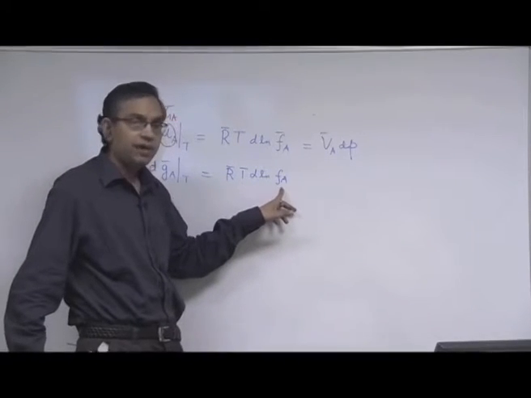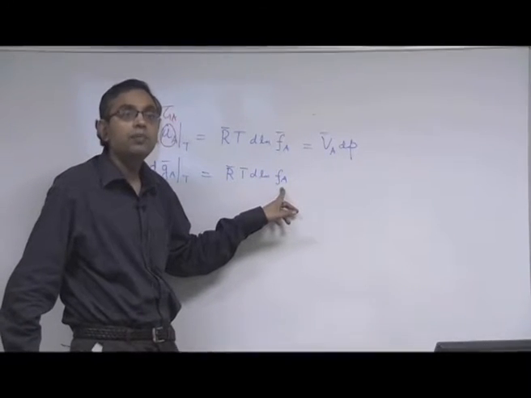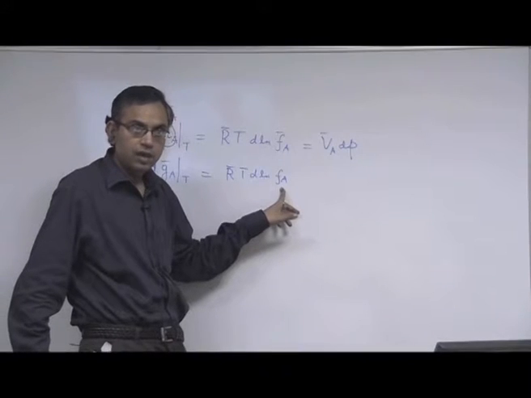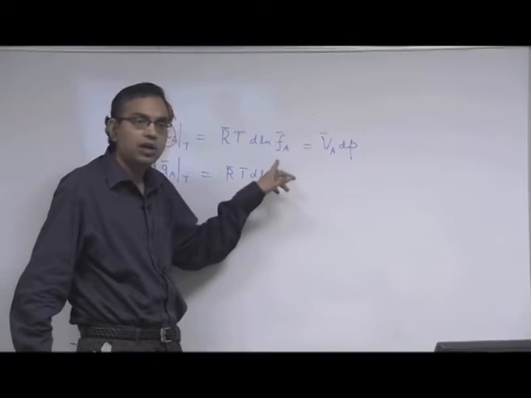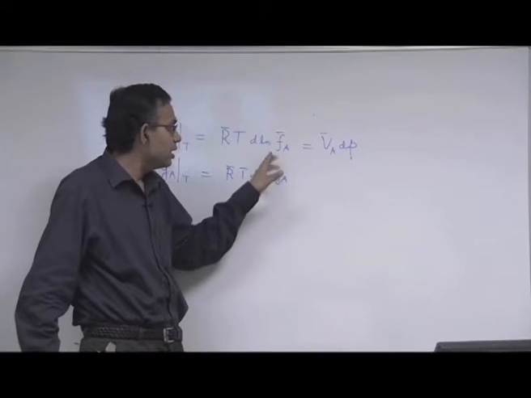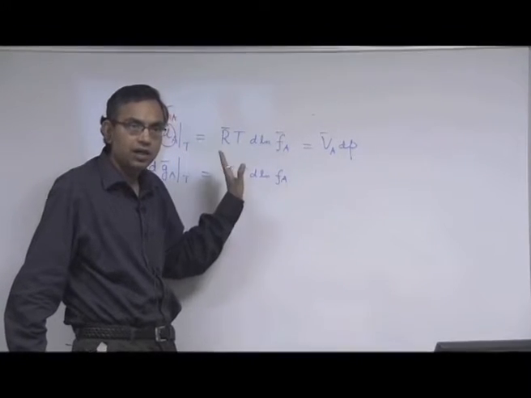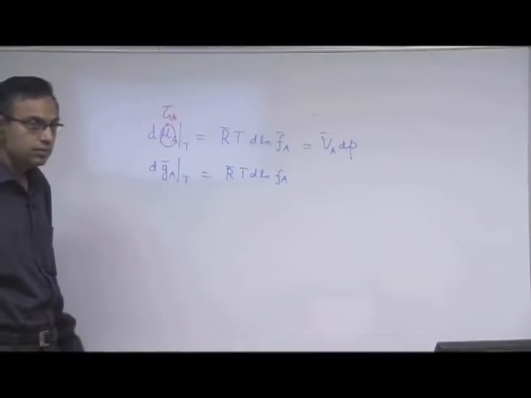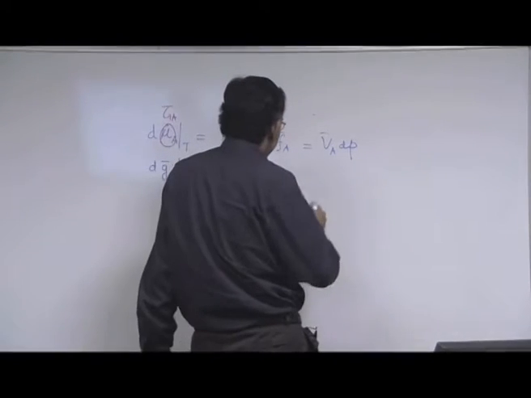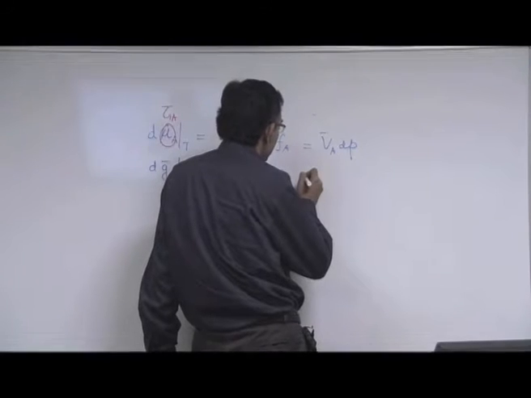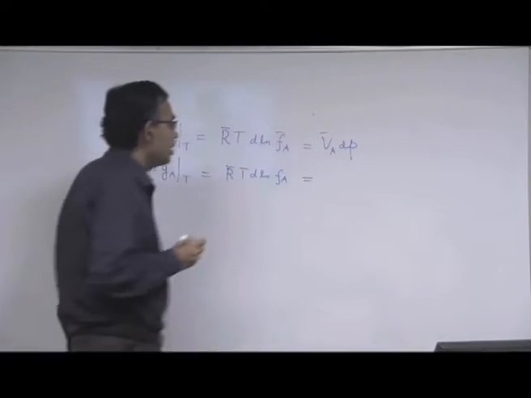What is this Fa? This is the fugacity of the pure component A. Fugacity is not a partial molar property, so that is why its nomenclature of writing is different from the partial molar property.